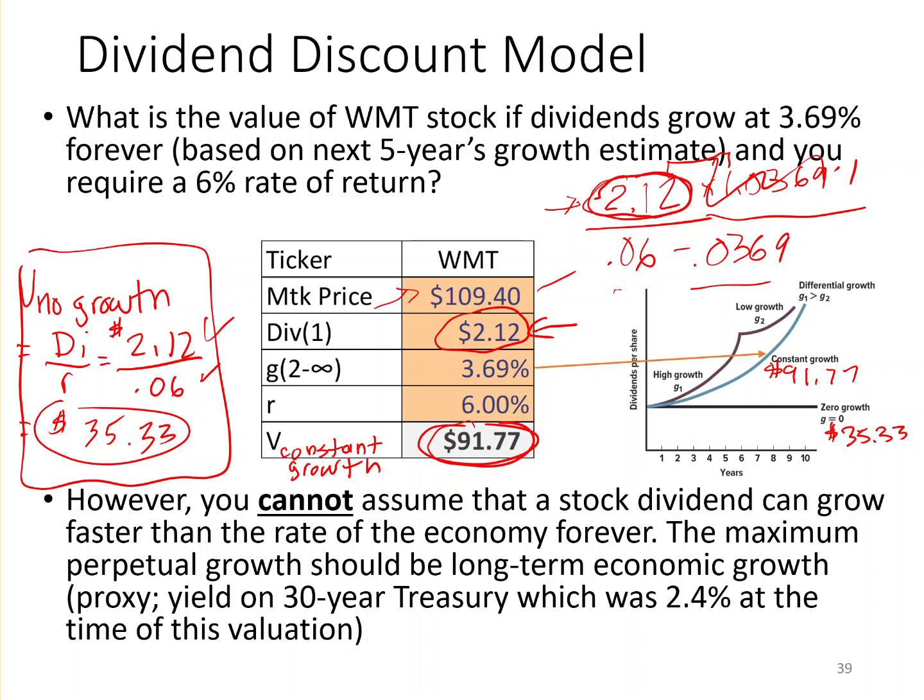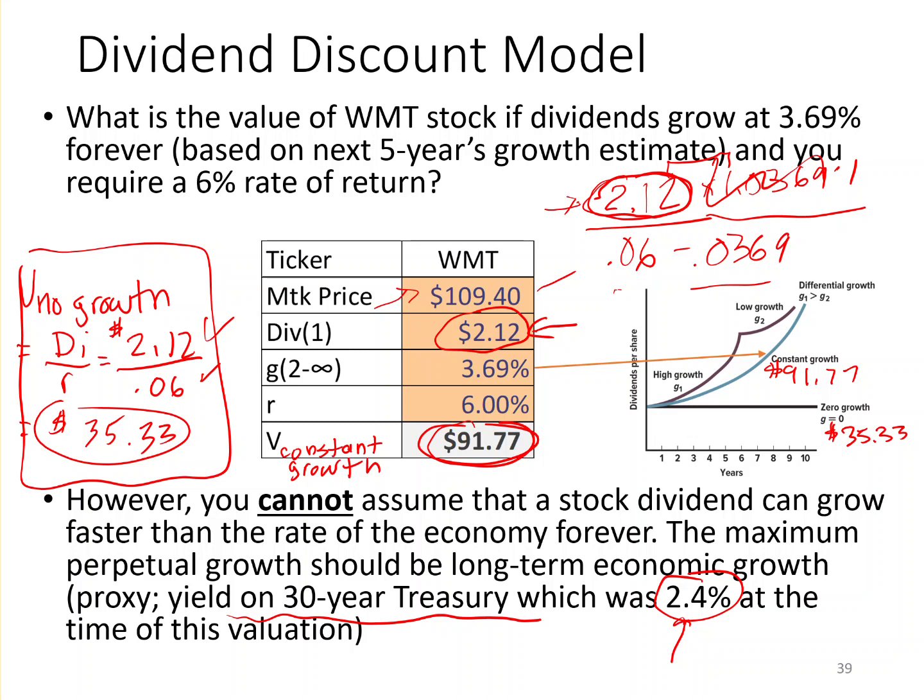One proxy for the long-term growth rate of the economy is the 30-year Treasury rate. At the time of this valuation, that was 2.4%. So an estimate for the long-term growth of the economy is 2.4%. I can't assume 3.69% forever.